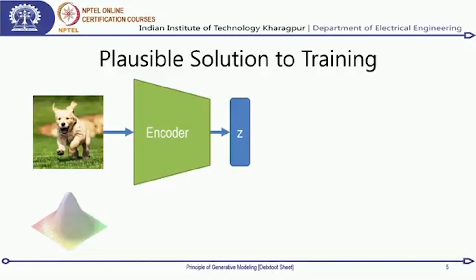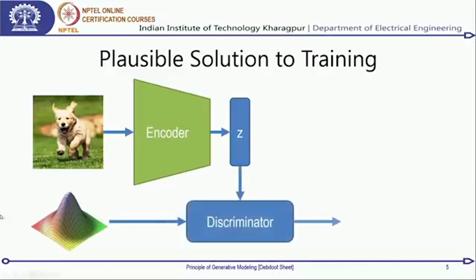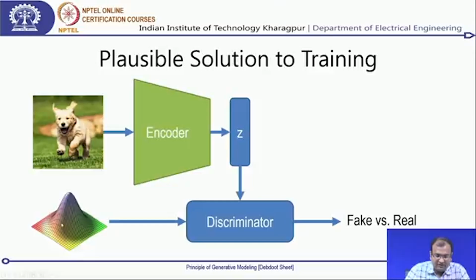Now, in the next pass, I pull out a number from a 2D Gaussian distribution. This will be some random number, and then I train another neural network called a discriminator. The job of this discriminator is to distinguish whether this random number is coming from this 2D Gaussian, or whether it is coming from an image.